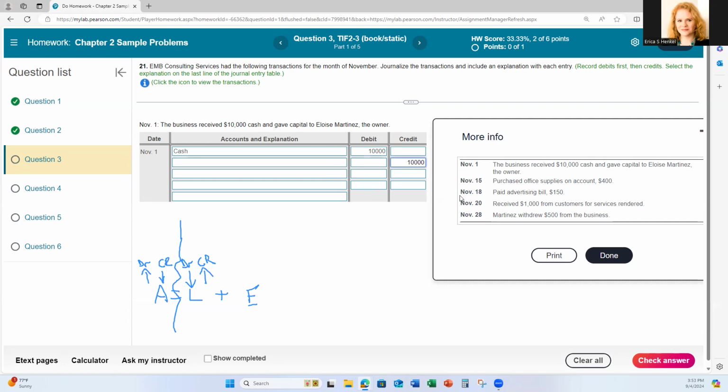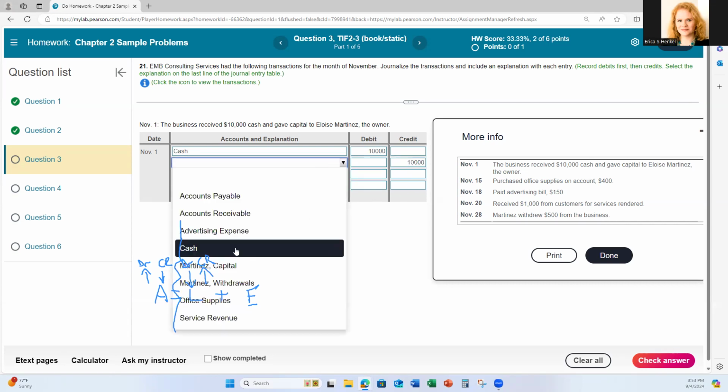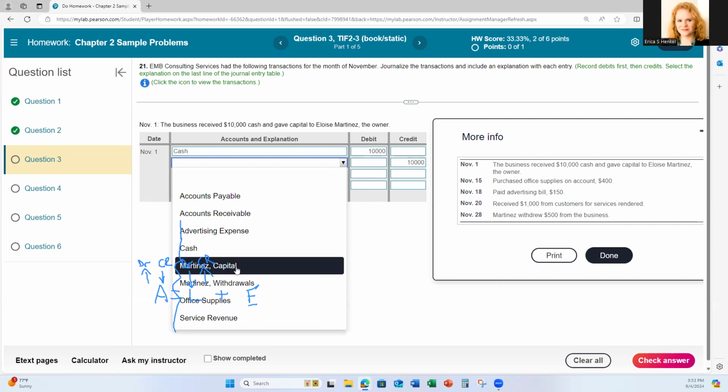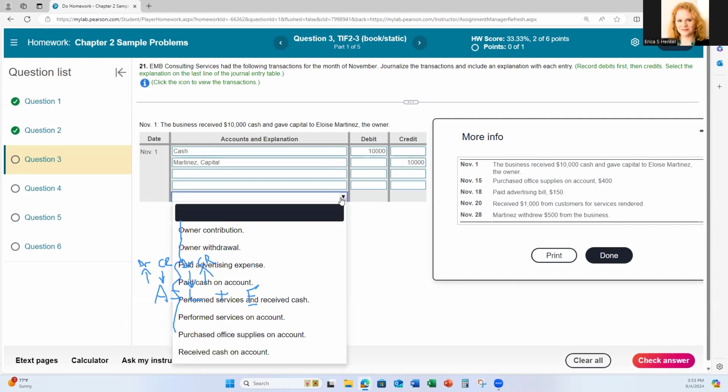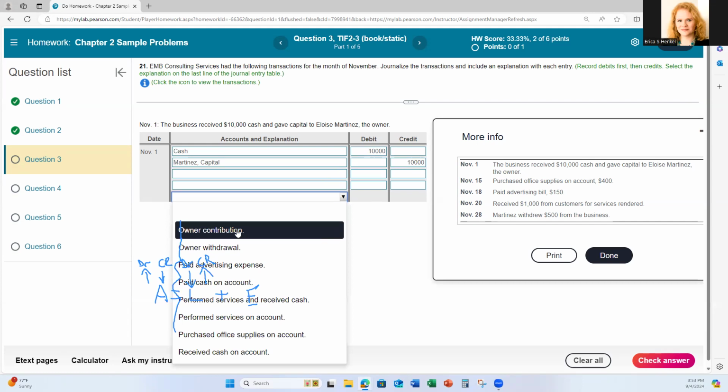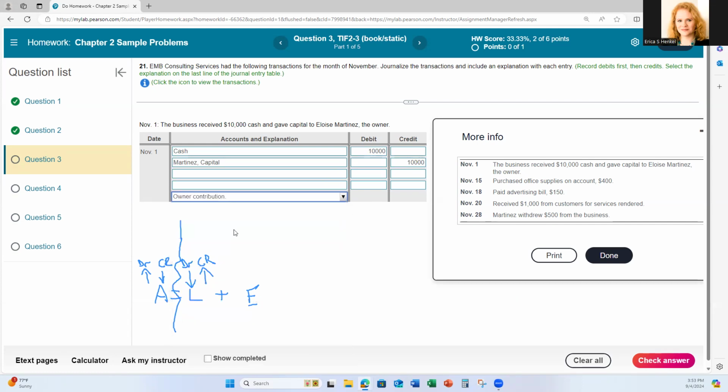All right. And since what happened here was we gave capital to Eloise Martinez, then that means it's going to be an increase in our equity here, right? And the specific account will be the Martinez capital account. And then lastly, we're going to choose our description here. So owner contribution is what happened here, okay?